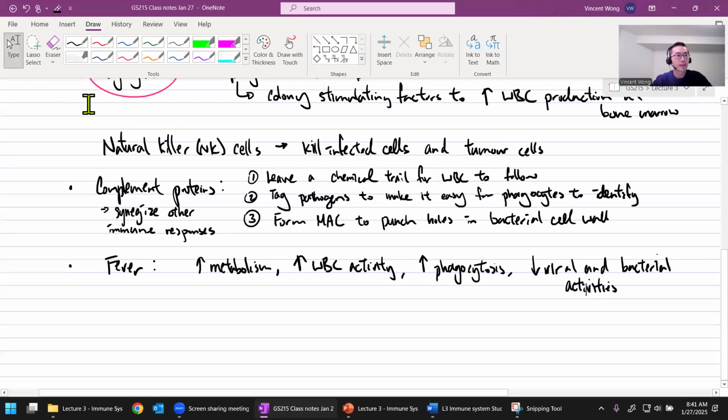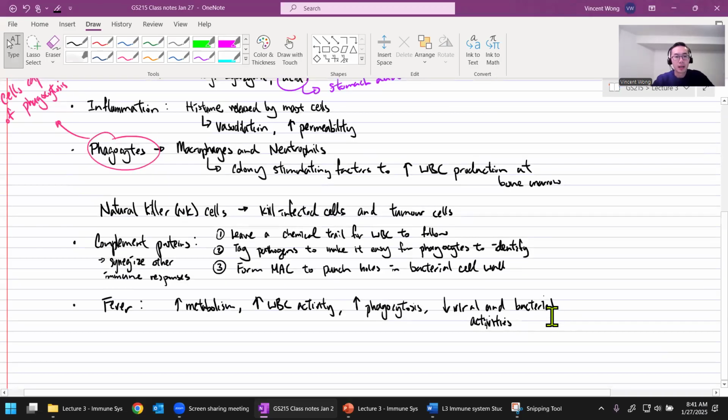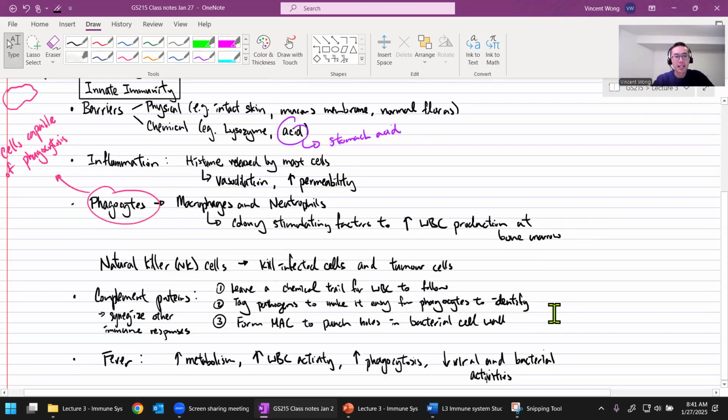Okay, so there you have it. All these are part of the innate immunity. We are born with it. It's built into our genes. It does not change throughout your lifetime. And they are general defenses.